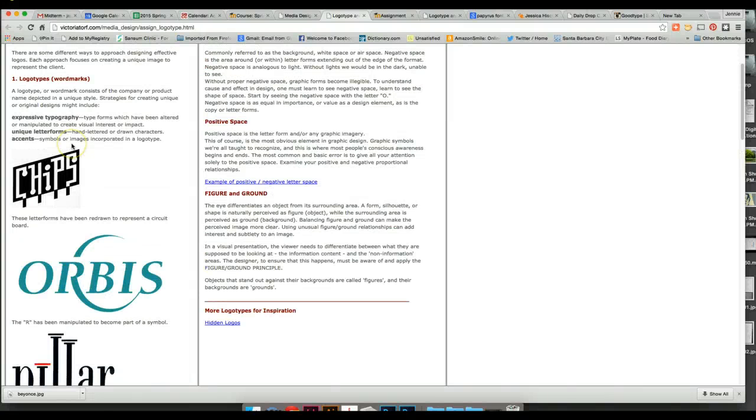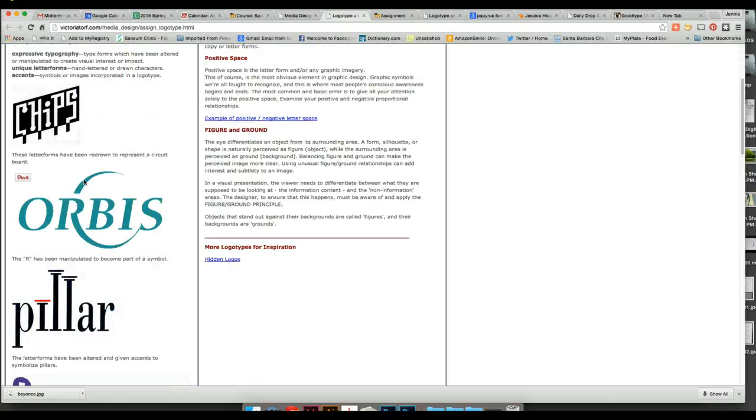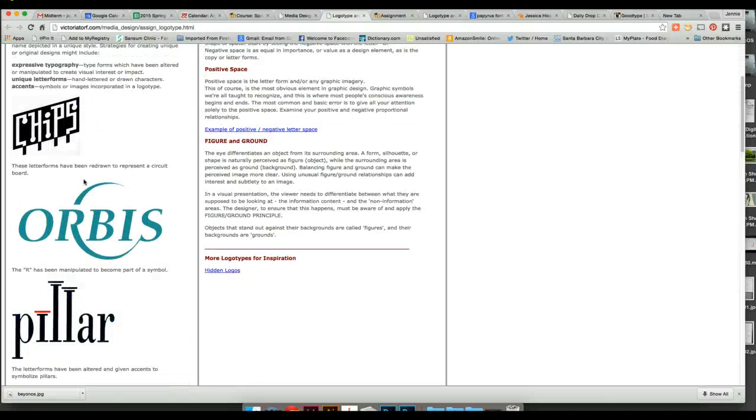Okay, so here are examples of logotypes. These are logos that are utilizing type to create the logo. All of these are incorporating positive and negative space in an interesting way. You can see how this is creating the illusion of a moon or an orb. So these aren't fonts, these are actual designs, and they could have been created using fonts.